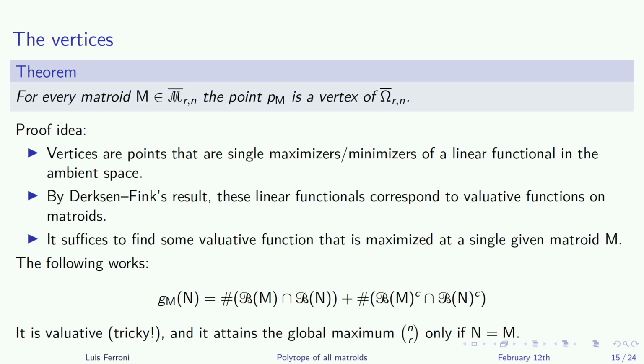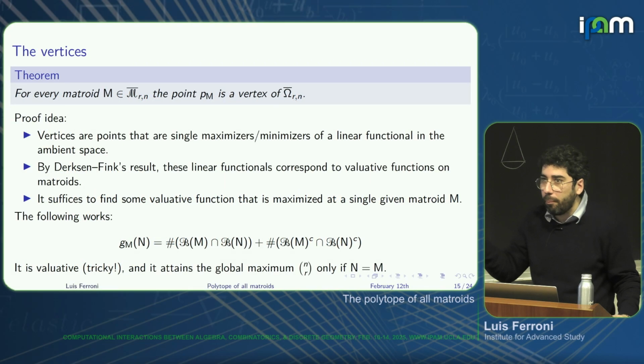That's not super easy, but doable. It relies, again, on a paper by Felipe, Alex Fink, and Federico Ardila. You can see that this quantity is always at most n choose r, and equality is attained only if N equals M. So that proves that whatever matroid you give me is a vertex. Questions?